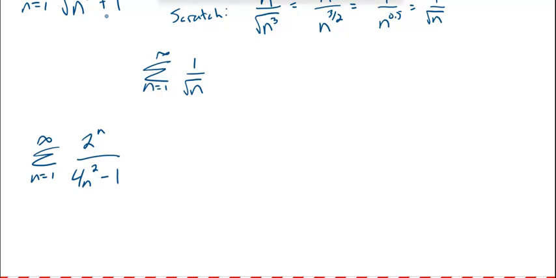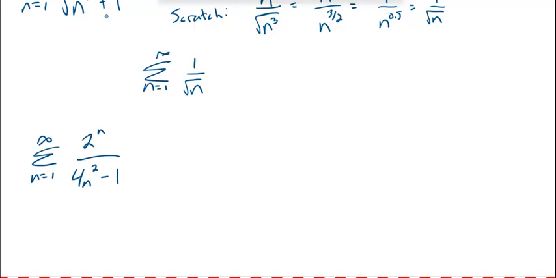You would get a ratio of 2, and you would say that it diverges. I'm not going to show that work because there's a much faster way to do it, and I want you to get better at recognizing when we can use the faster way, and then doing it correctly.